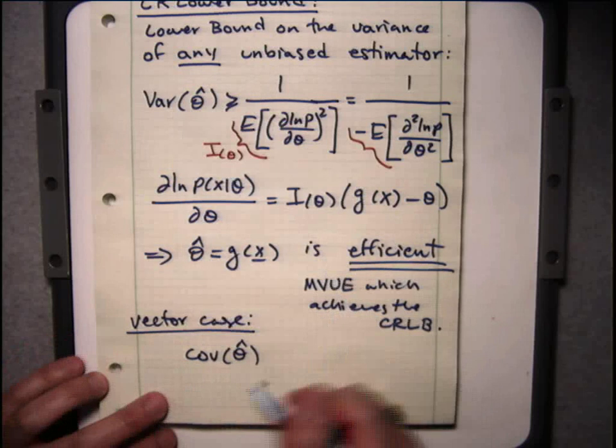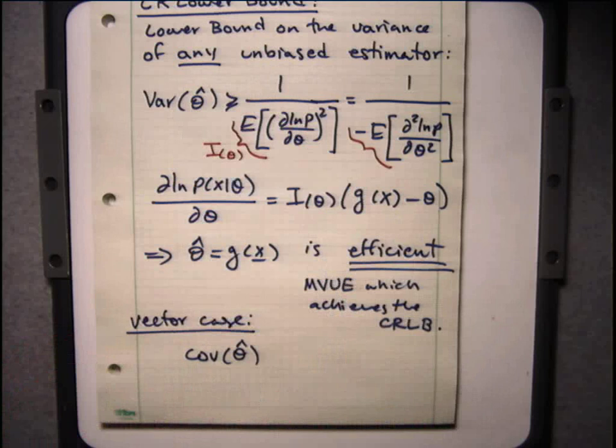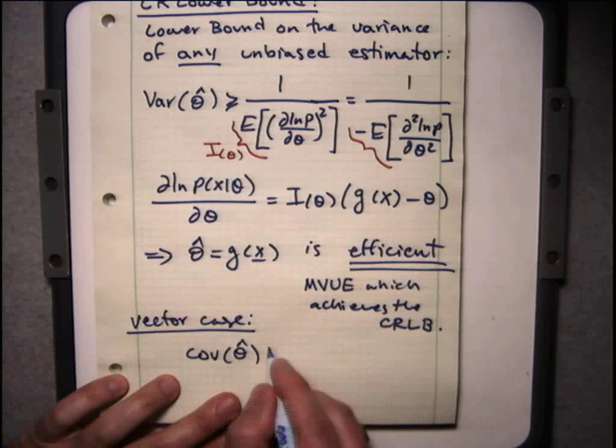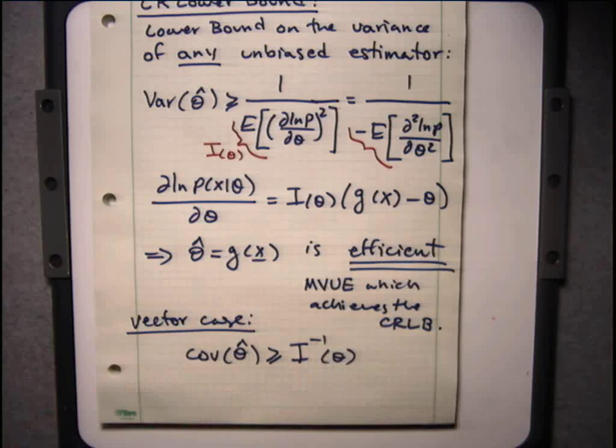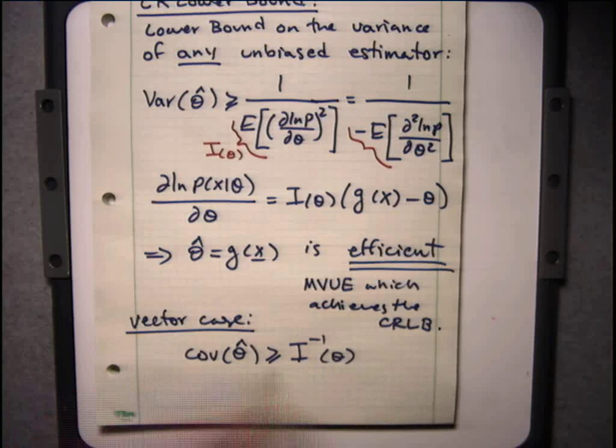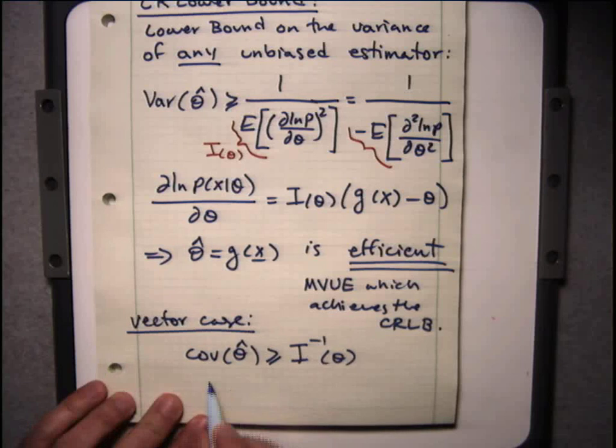Covariance has a vector in mind. We say this is lower bounded by the inverse of the Fisher information matrix. This does not mean element by element. I think I've mentioned this multiple times. It means that the difference between these two is a positive definite matrix, or positive semi-definite matrix. This is a big, important thing to remember.